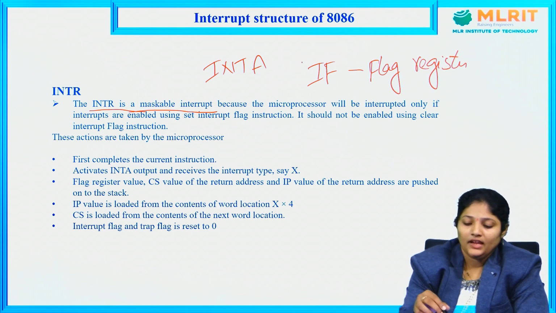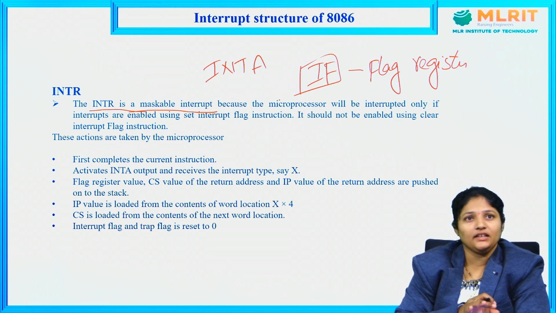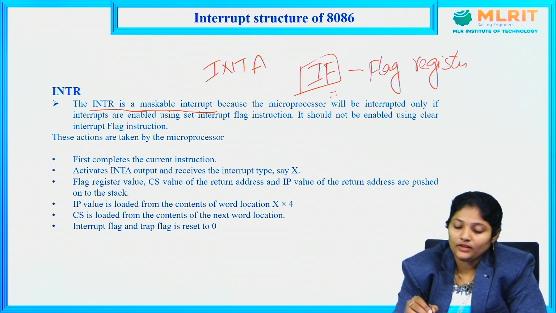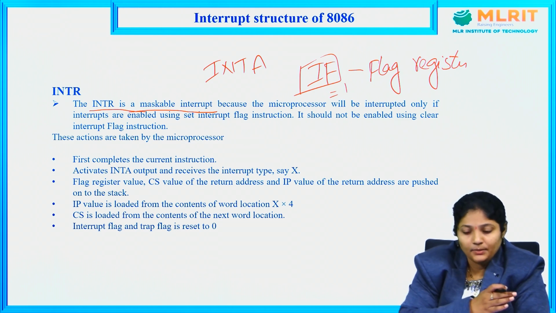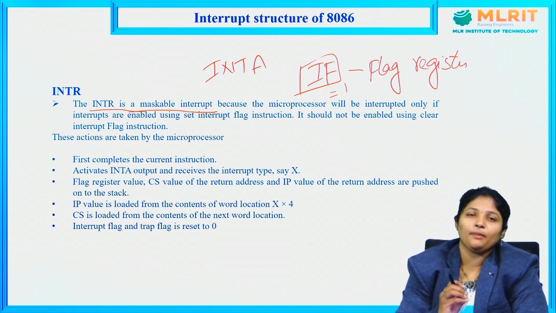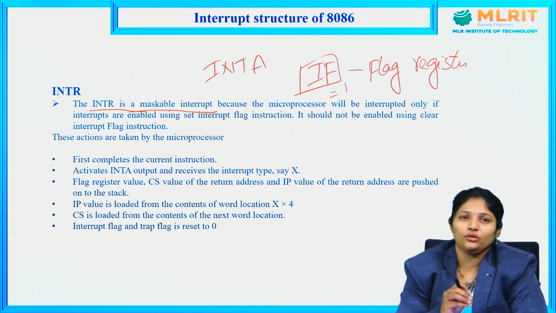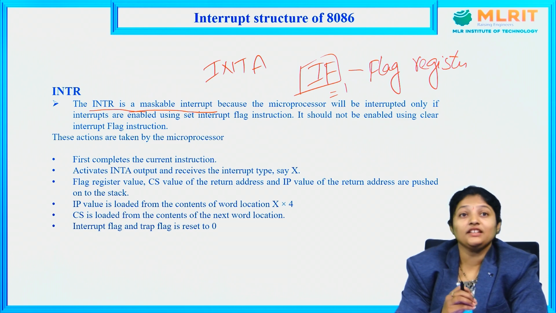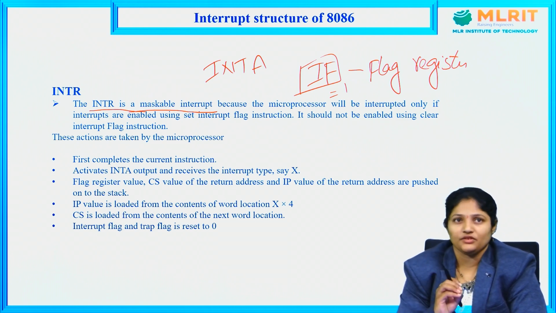If the microprocessor is getting an INTR request and at that time IF, the interrupt flag, equals 1, so it is enabled, then the microprocessor needs to enter the mode where it accepts and performs the interrupt.